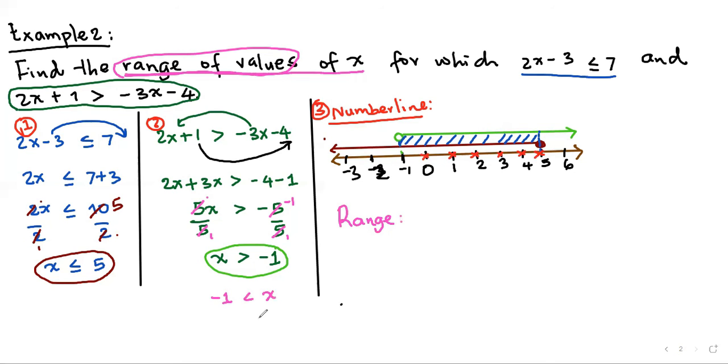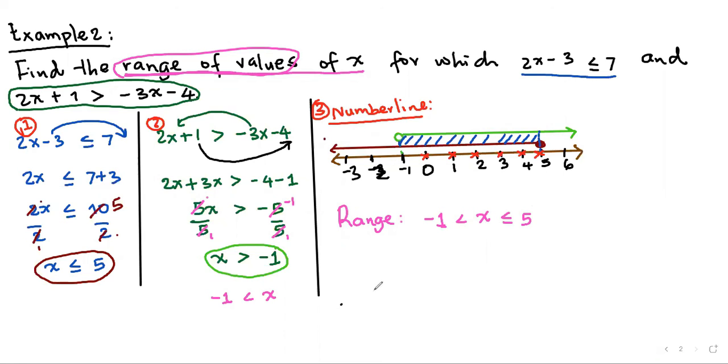Okay? So I will write that as -1 is less than x. Then I have x is less than or equal to 5. So that is the range of solutions.